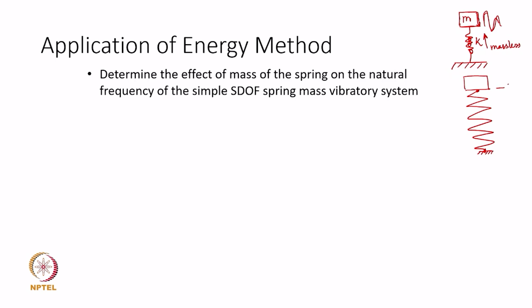So, for that let us assume that the mass itself has a velocity equal to v at the end of the spring, that is, of the mass itself, and you would agree that the velocity will keep dropping to the point of contact with the ground. So, the velocity of the spring is going to be 0 here, and it will have a maximum velocity here.